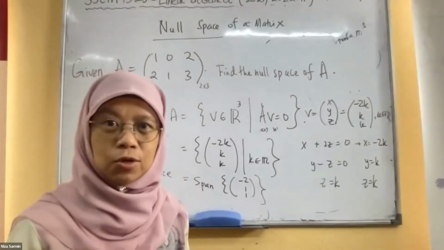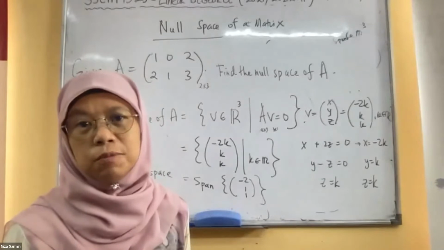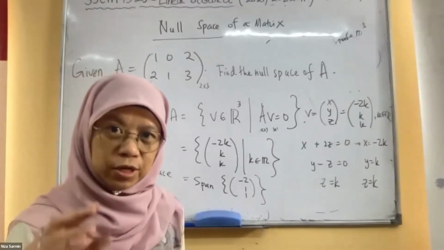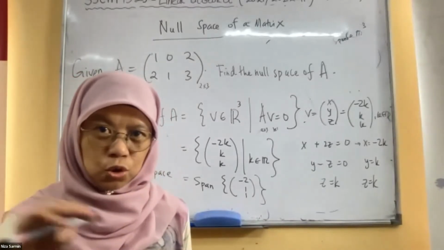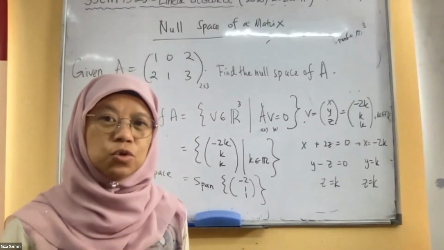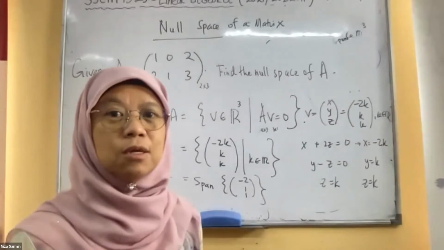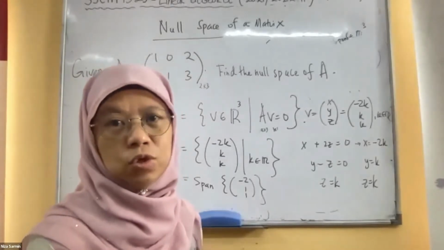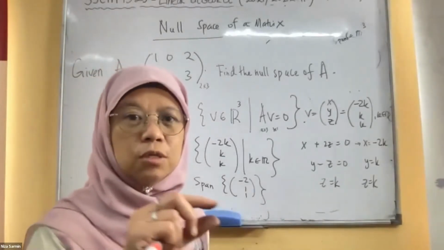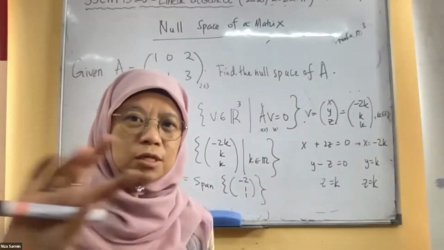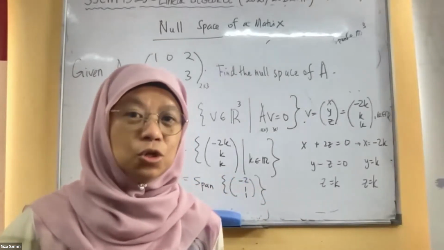So I just conclude for the row space and column space. You will be given a matrix. The rows will be all the vectors in the row space, and the columns will be the column vectors in the column space. To find the row space, you just reduce and take the non-zero rows.